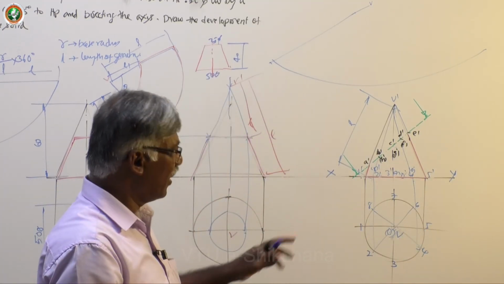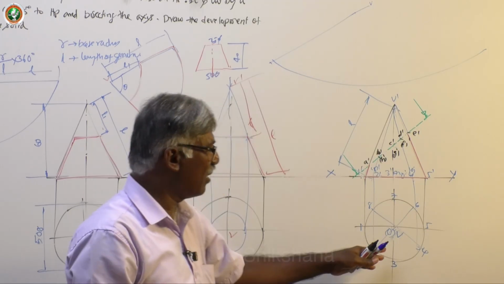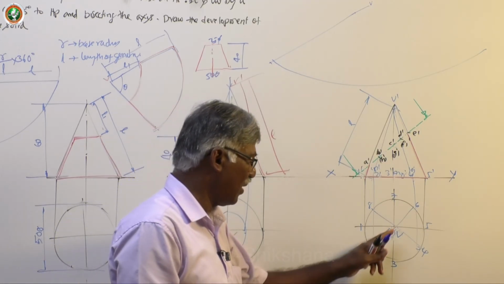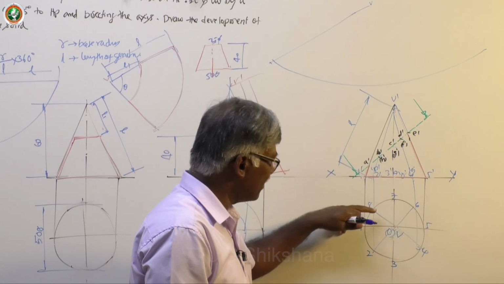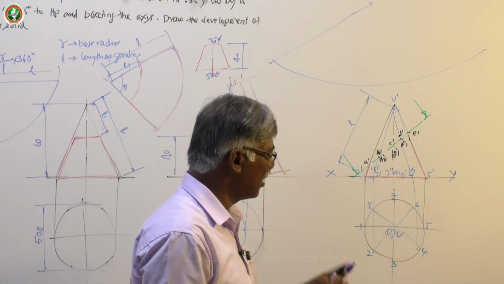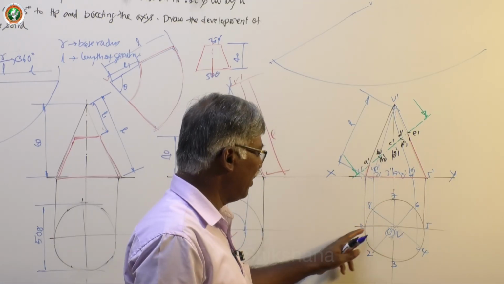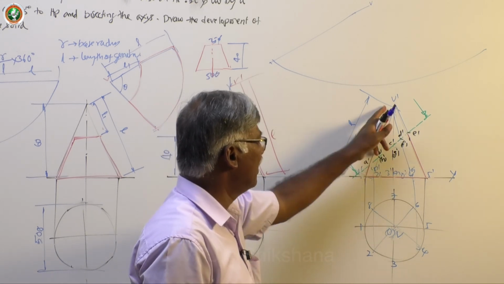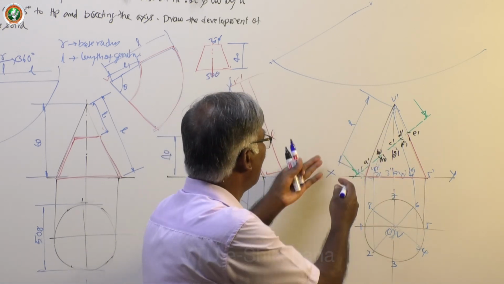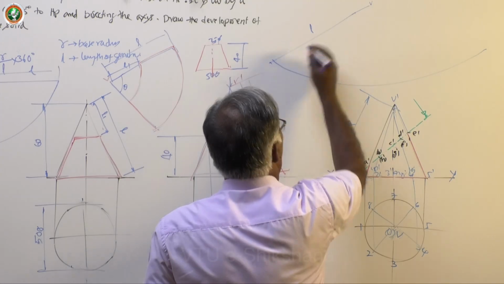None other than these two are true lengths because they all are inclined to both the planes. For example, V2 is inclined to XY, and V dash 2 dash is again inclined to XY. So it's inclined to both the planes. Only V1, V5 are true lengths. Definitely V dash 1 dash, V dash 5 dash are true lengths. You can take that. Then L equal to radius, draw an arc.